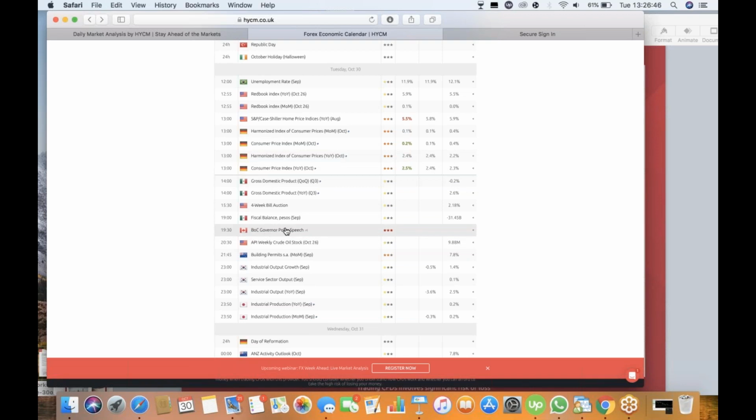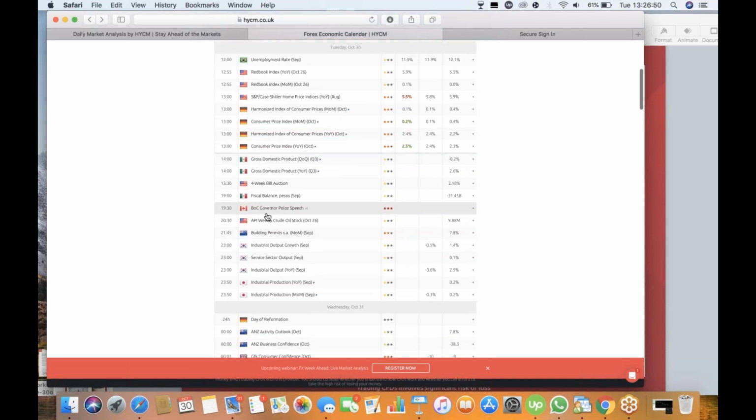And the Poloz speech is the Bank of Canada's. The situation with Poloz is he's been saying that the Canadian economy is in a good place and is looking at maybe putting in more rate hikes in the future. So we want to see what he says later on in the session, whether he's supportive for the Canadian dollar.